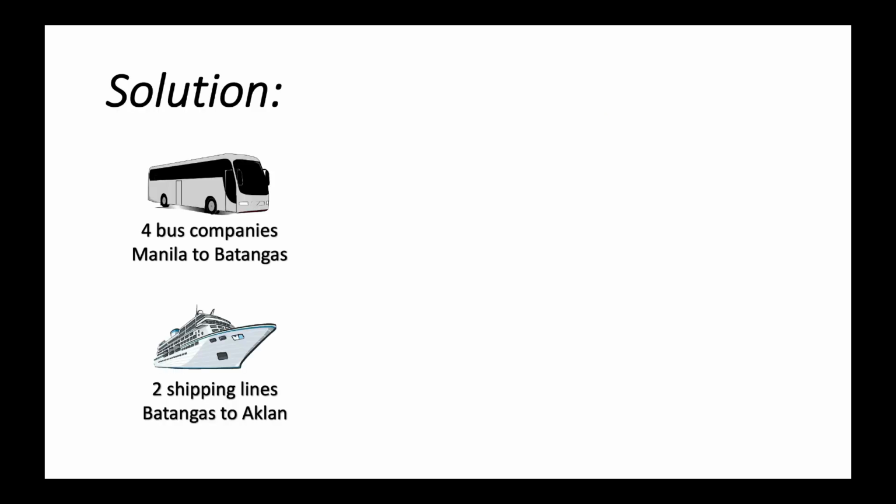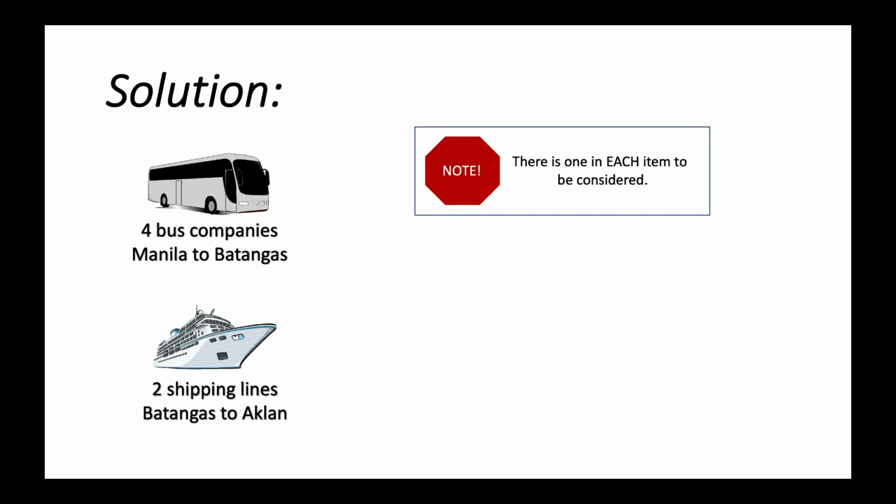All right. So for our solution, again, each task has a specific task in choosing a bus company, and there's another task wherein she has to choose a shipping line. And she has to consider one in each task.